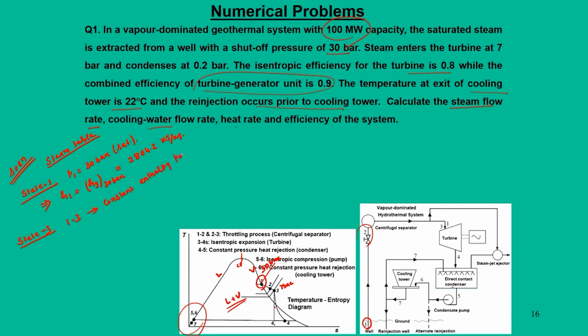When we say constant enthalpy process, we can use this H1 data to calculate the enthalpy at state 3, and state 3 is in the slightly superheated region. So, we can note down H3 is equal to 2804.2 kilojoule per kg.